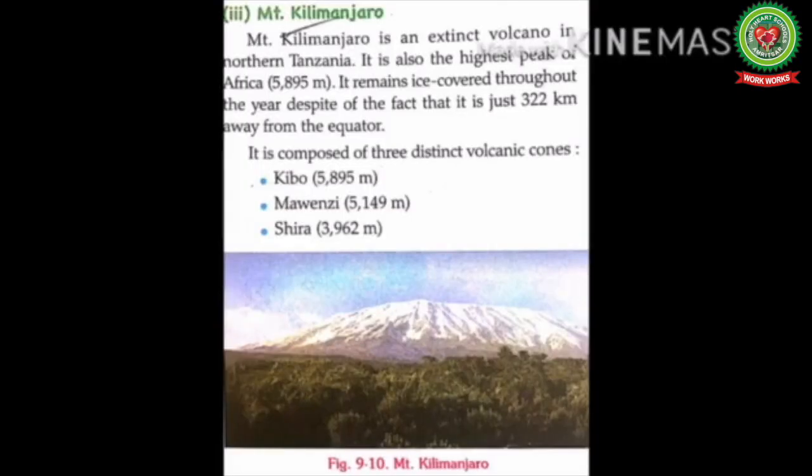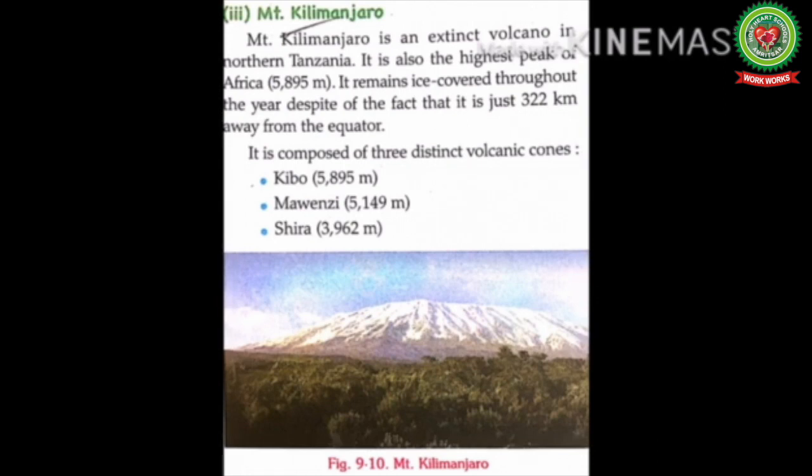Mount Kilimanjaro is an extinct volcano in northern Tanzania. It is also the highest peak of Africa with the height of 5,895 meters. It remains ice covered throughout the year, despite the fact that it is just 322 kilometers away from the equator.